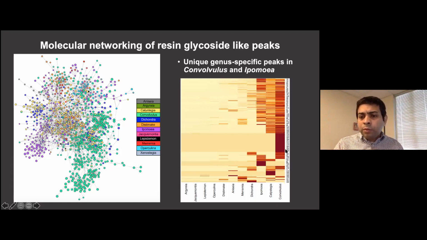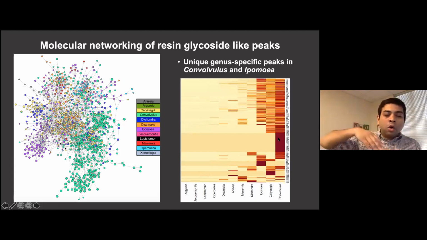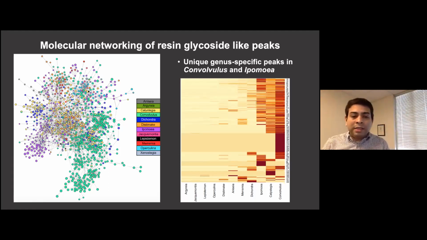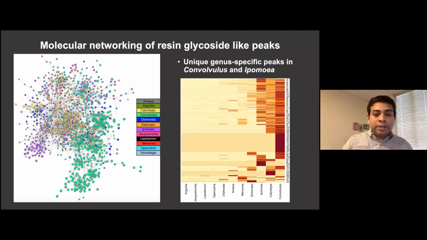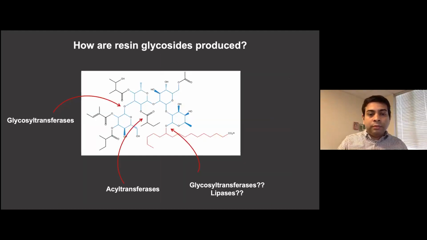And this particular group is present in only Convolvulus, and these are very high molecular weight compounds, over 1500 m/z. And this essentially is indicative that Convolvulus produces very large resin glycoside structures that are not seen in other species.